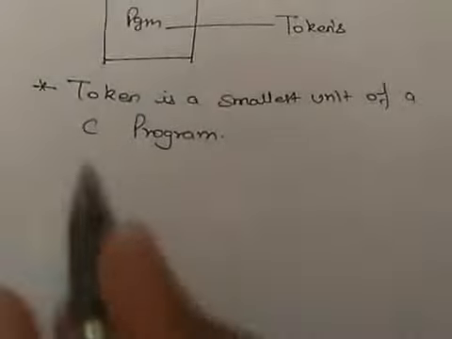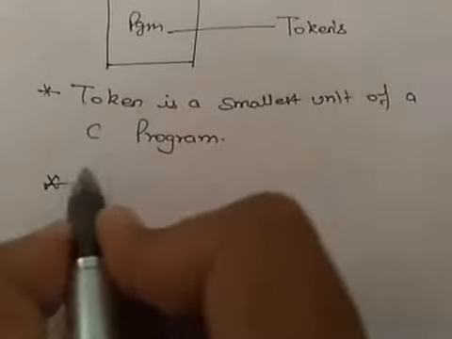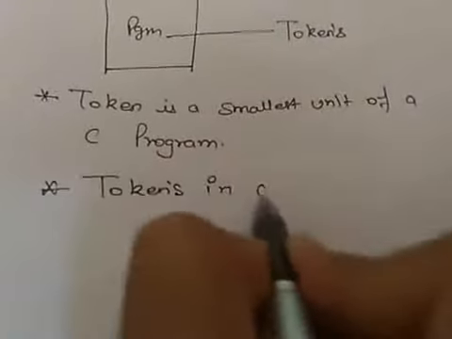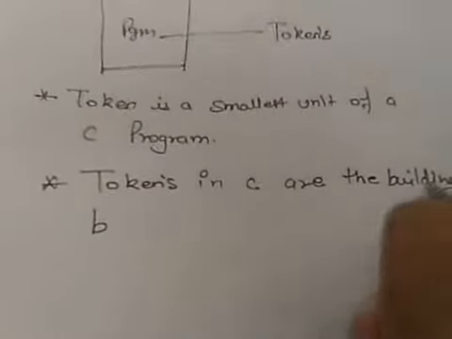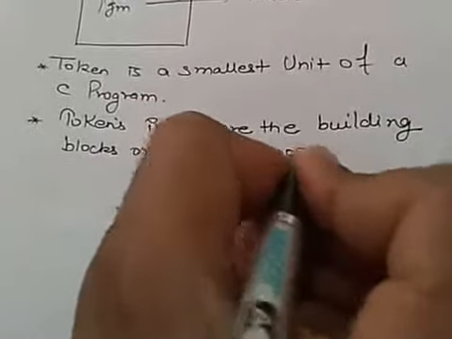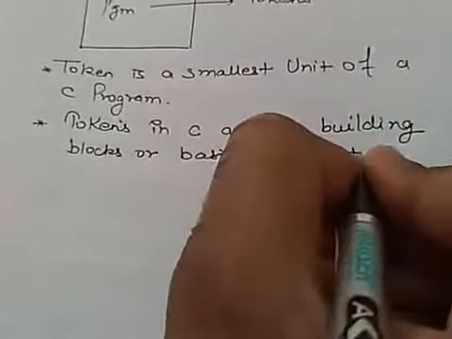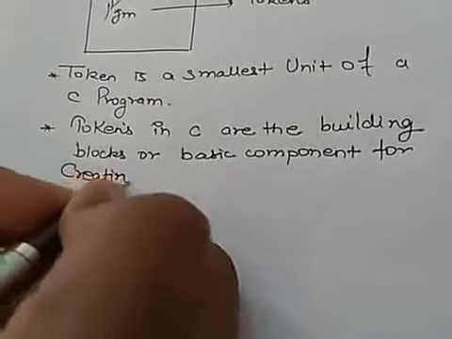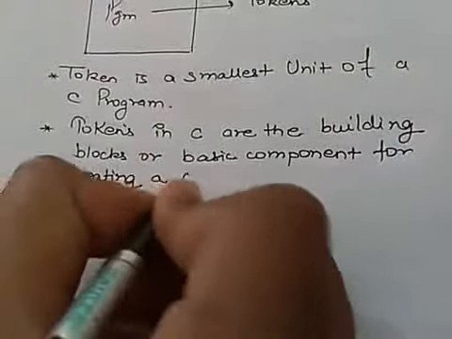So we can also say that tokens in C are the building blocks or components for creating a C program.